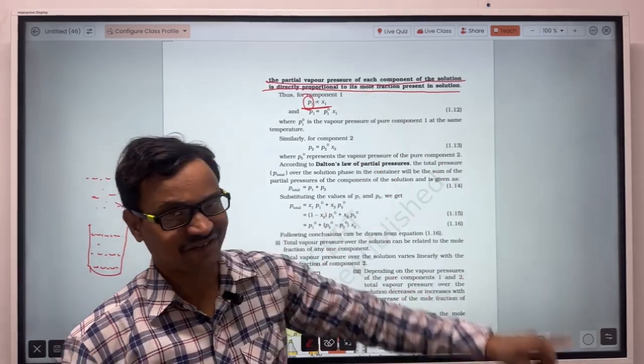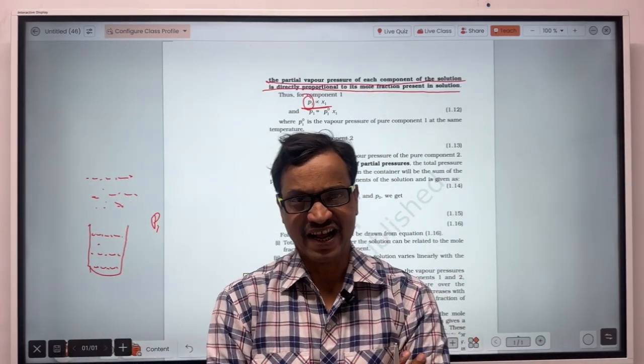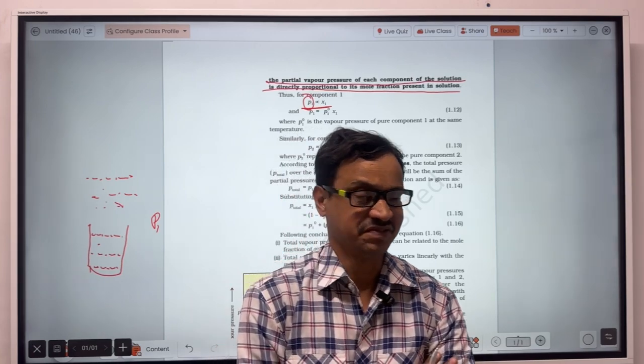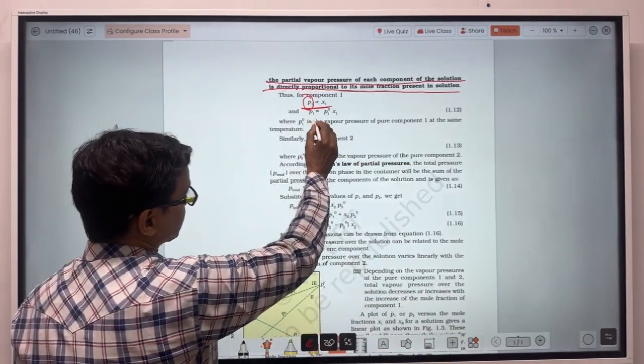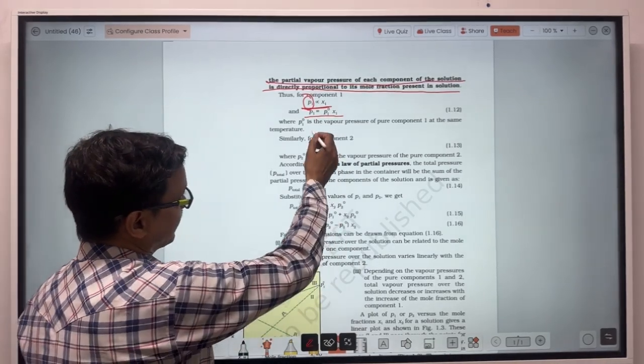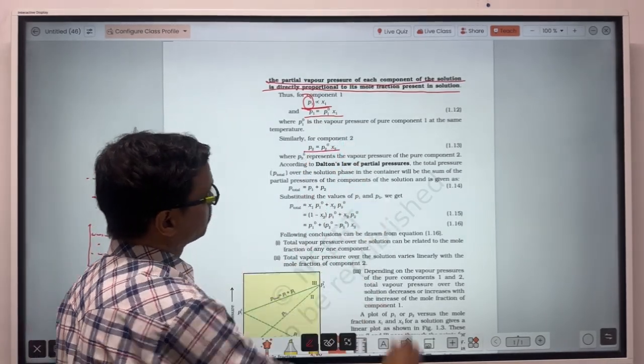Here chi1 is the mole fraction of liquid 1 inside the solution. So remove the proportional sign, so P1 will be P degree 1 chi 1. I think no problem here. Same as P2 will be P degree 2 chi 2.